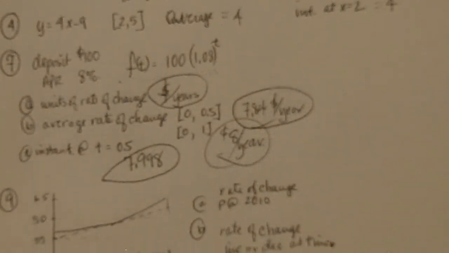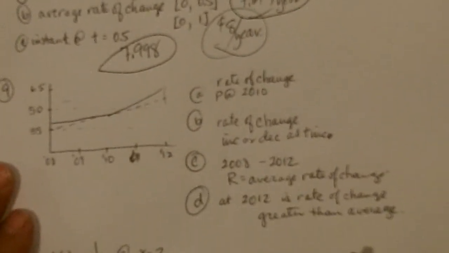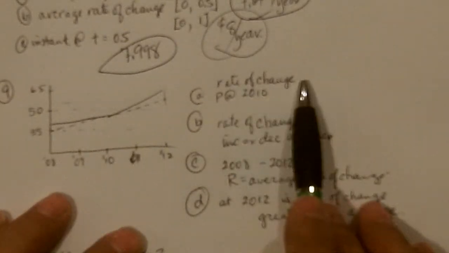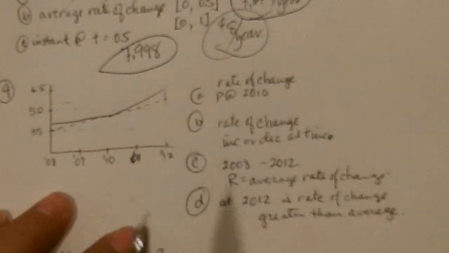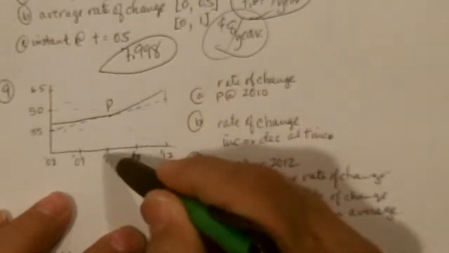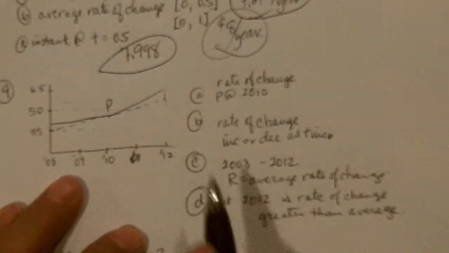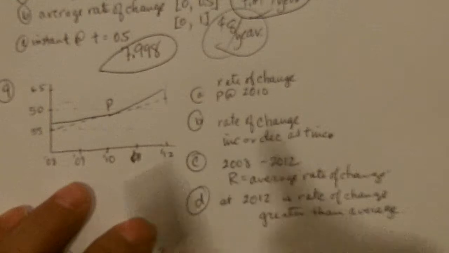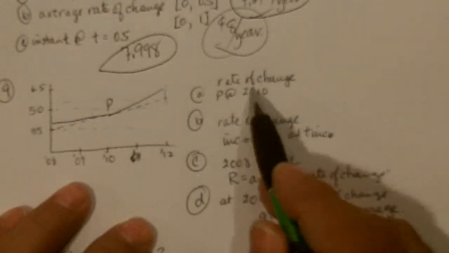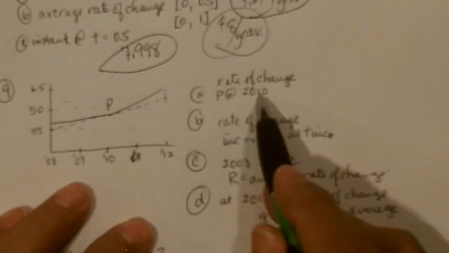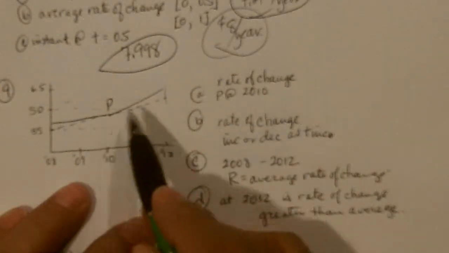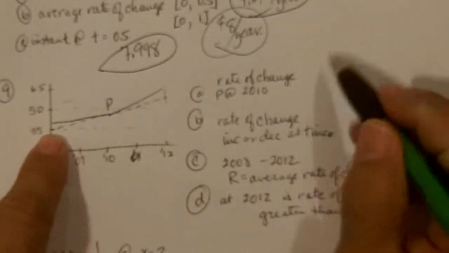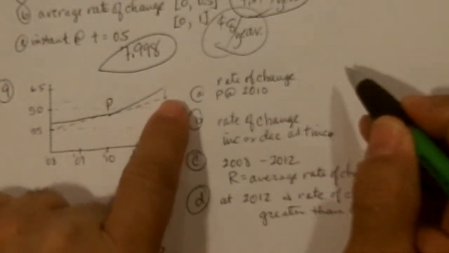Okay, so I continue doing basically the same thing, only now I have a graph to look at. The average rate of change at P, which they said was right here, the 2010, and this is off a graph, and this is some population or whatever. So the rate of change here would be the tangent line, which they drew here for us, and it goes from 35 to about 55.